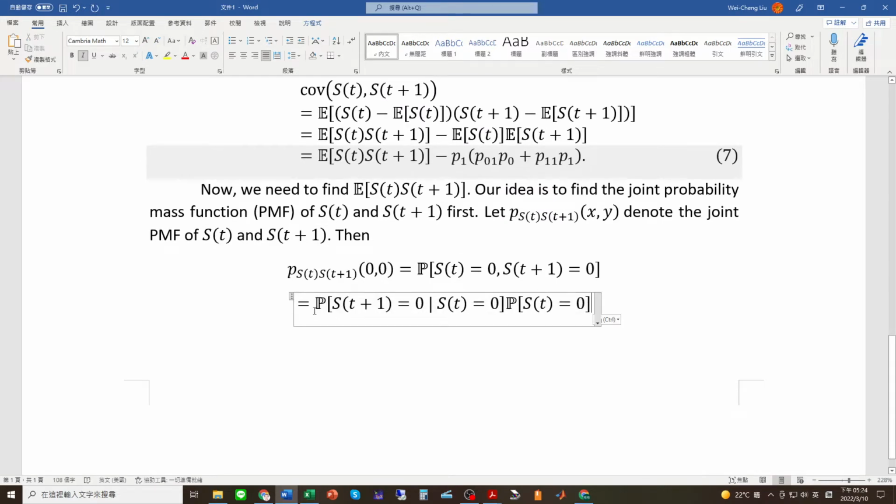Then use the concept of conditional probability.